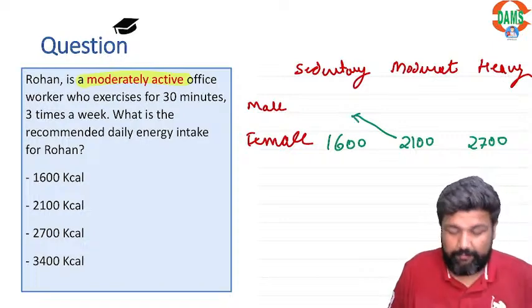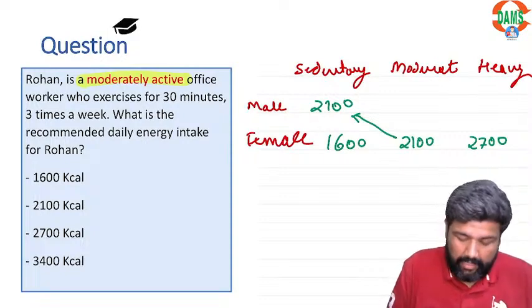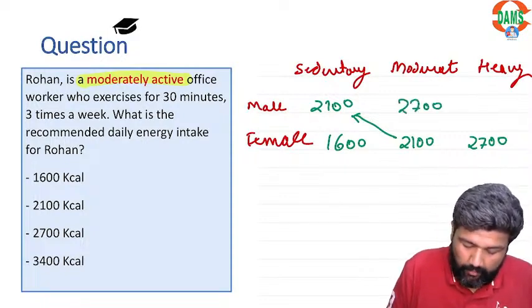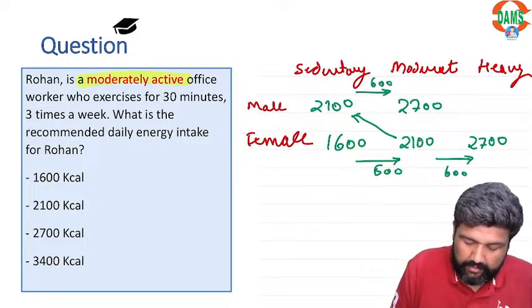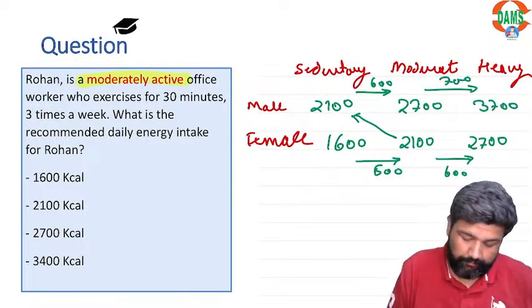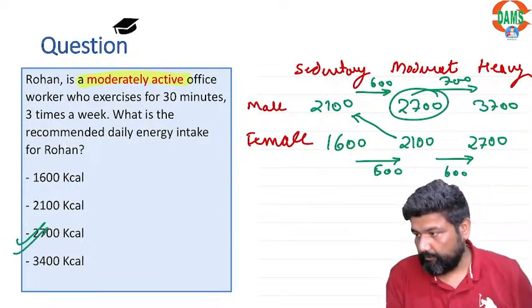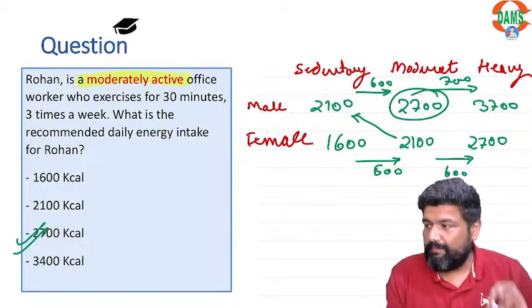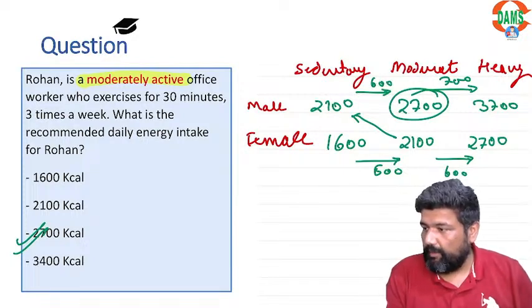Whatever a moderate female needs, a sedentary man needs the same. Add 2700. Now add 500 here, 600 here, 600 here, 700 here. So 3700 is for the heavy workers. Here the best answer is 2700 kilocalories. Female sedentary is the lowest.